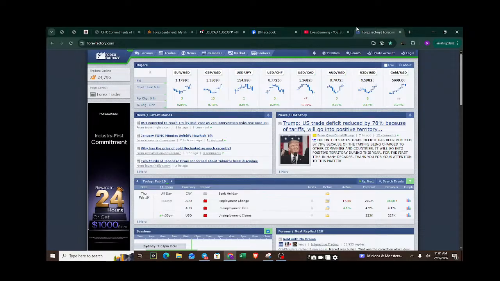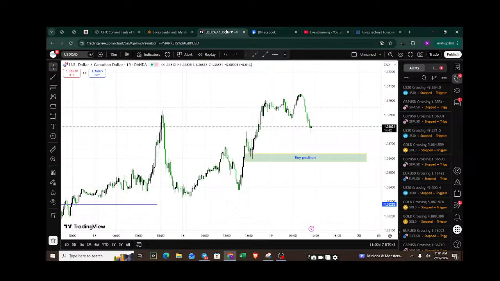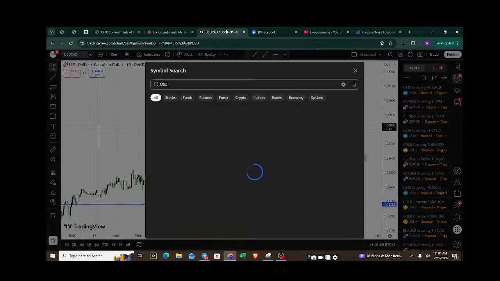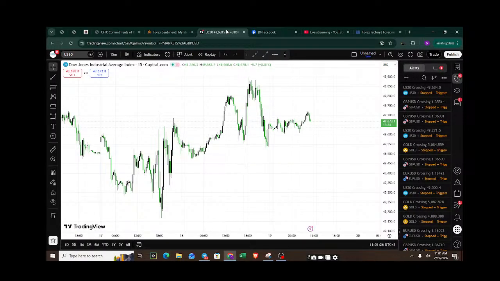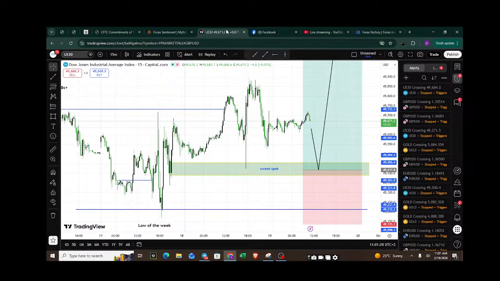What do I mean by that? What I mean is that US30, to me, has to come and collect more liquidity from the point at which it is. Something sort of like this.